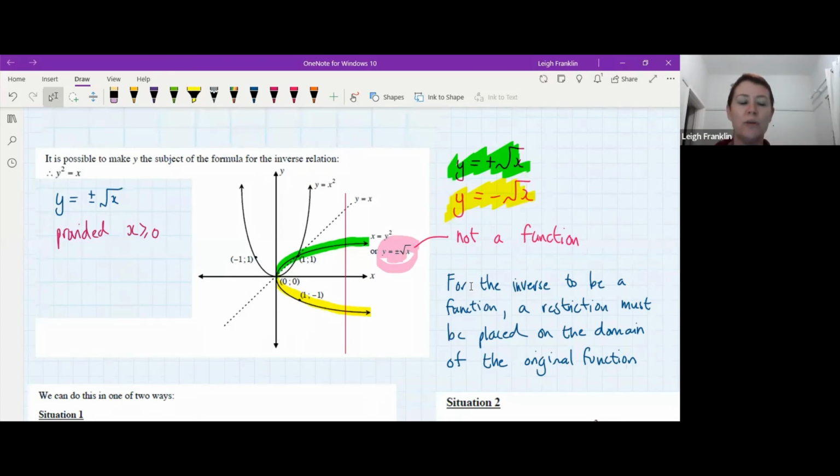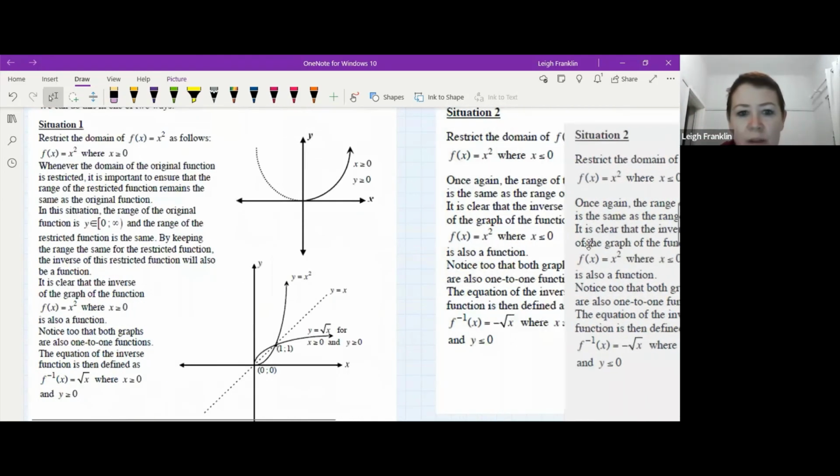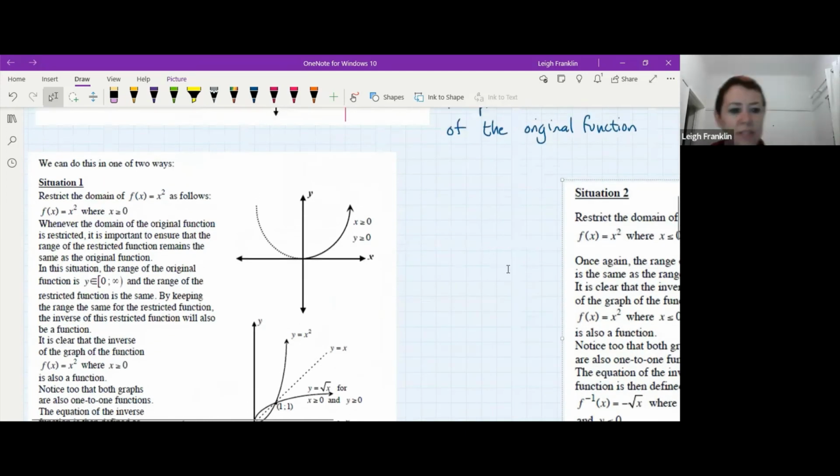So we can restrict the domain based on the sign of X, either where X is negative or where X is positive. And then we can reflect that arm over the line Y equals X, and the resulting graph will then also be a function. Okay, so that's the first way in which this can happen.